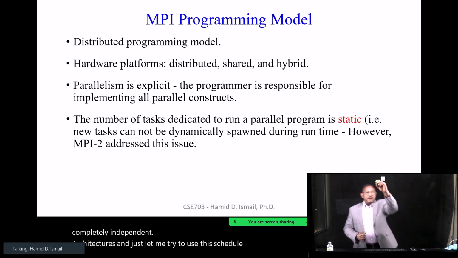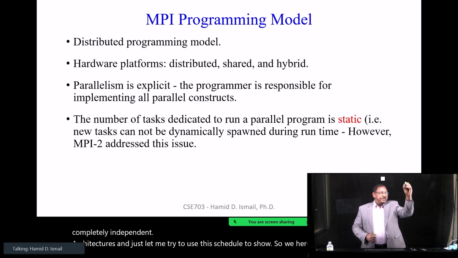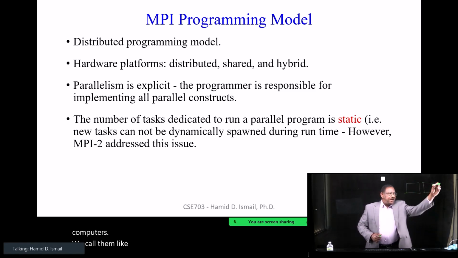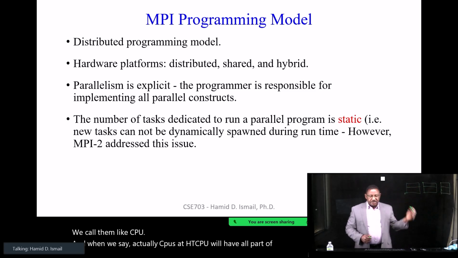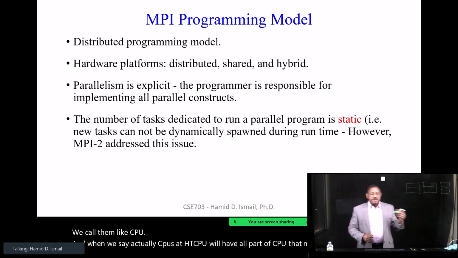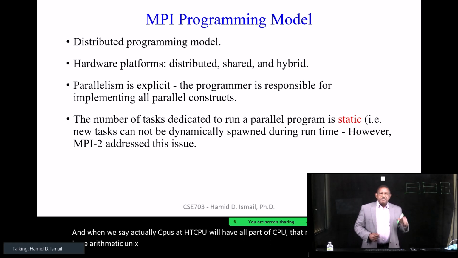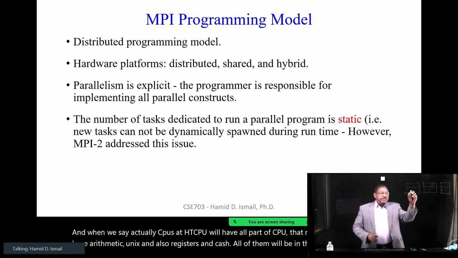Here we have different computers, which we call CPUs. Each CPU has all parts of the central processing unit: arithmetic units, registers and cache. All of them will be in the CPU. And each of these CPUs is also connected to its memory.